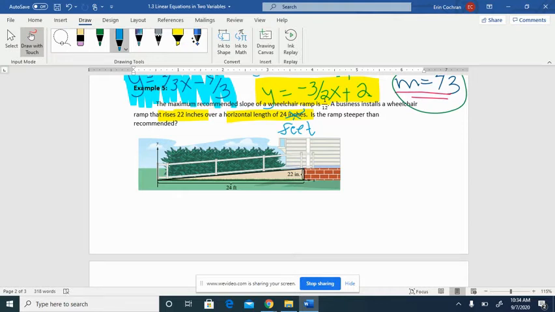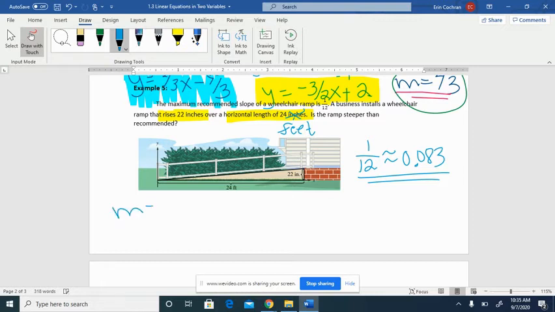Okay. So if we know our recommended ramp is 1/12, that's approximately 0.083. So we cannot go above that. And if we do, it is not at its maximum recommended slope.